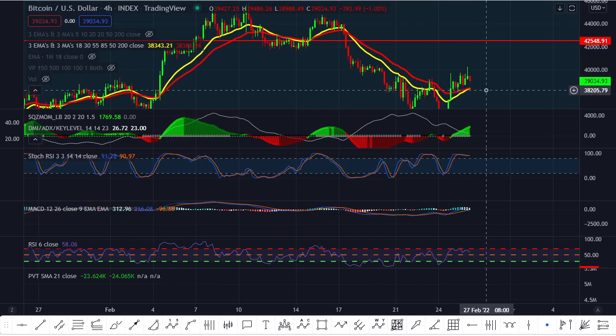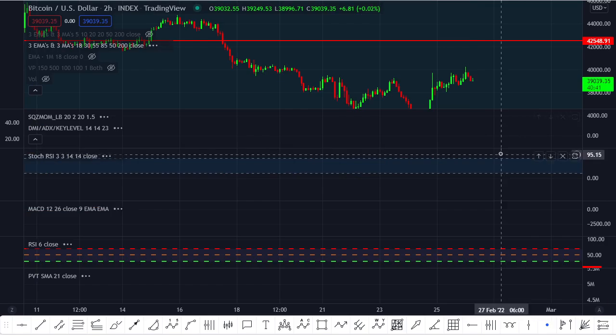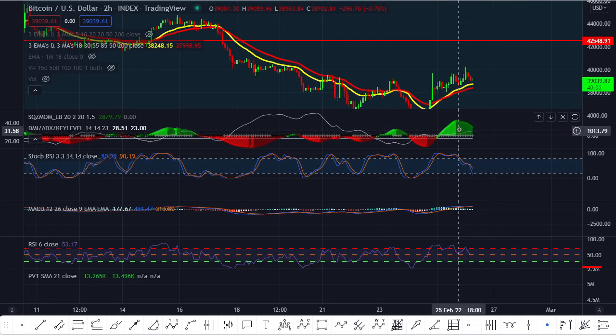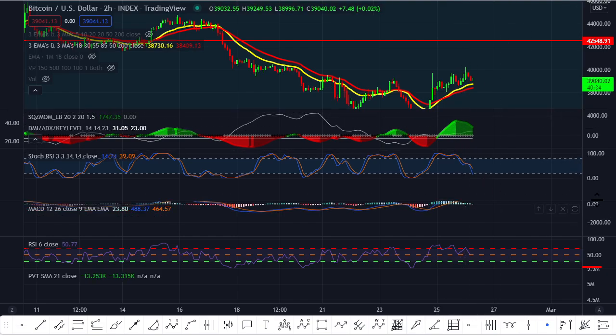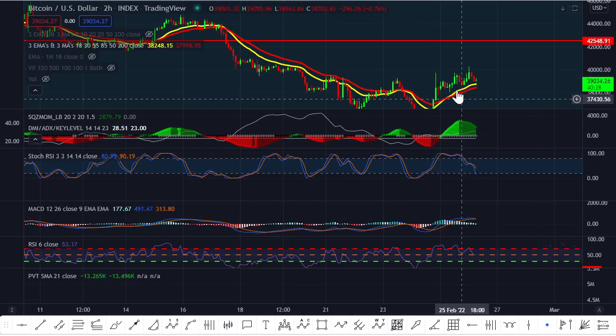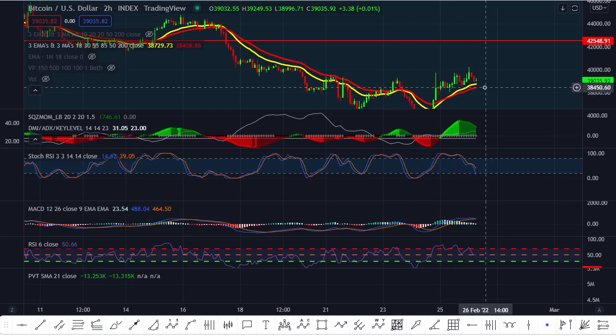So I'm expecting a small pullback toward this region, hopefully holding this region, because you are also bearish on the 2-hour. You're expecting a pullback on the 2-hour, and you can see here your MACD is about to cross. You had a bearish divergence as well, so your price is going up, your RSI is going down. So all of this was pointing for a drop. So this is the drop happening in real time right now.